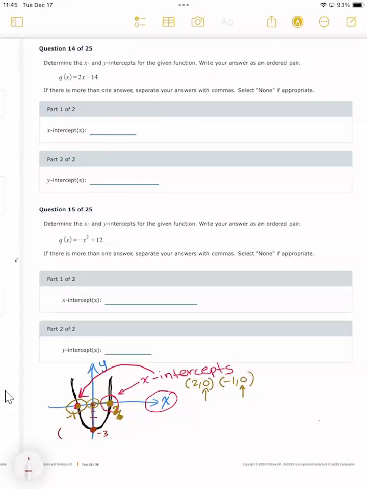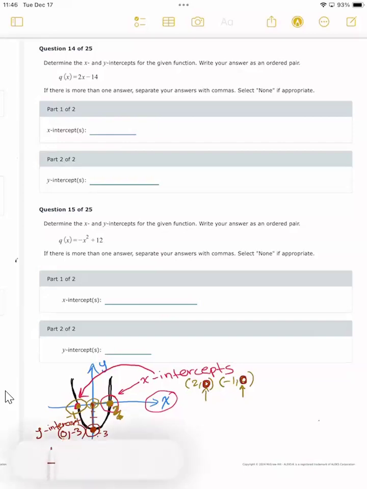So the x value of this point is 0, the y value is -3, and we call this point the y-intercept. So the y-intercept has its x value always 0. The x-intercept has its y value always 0.